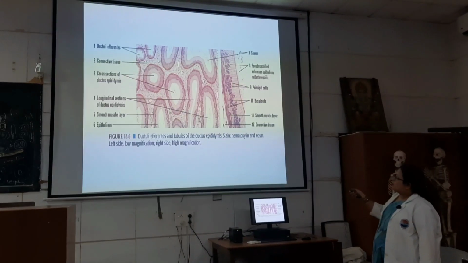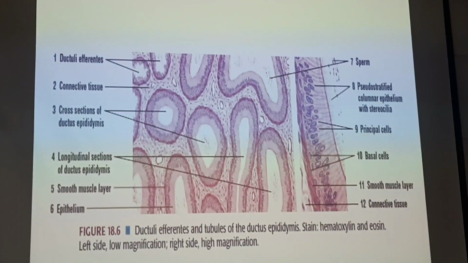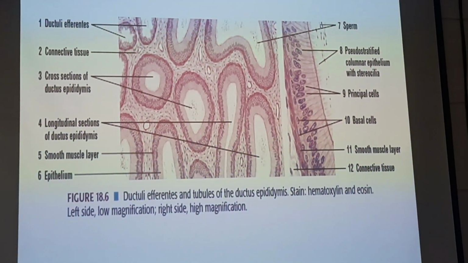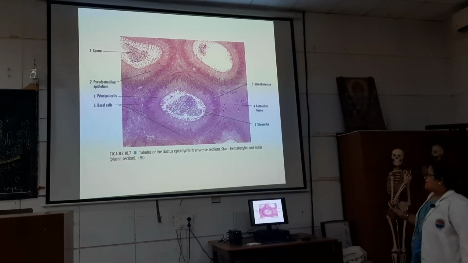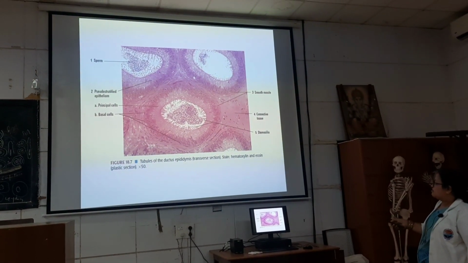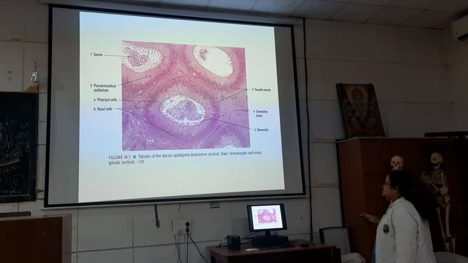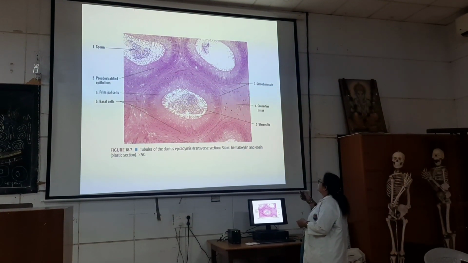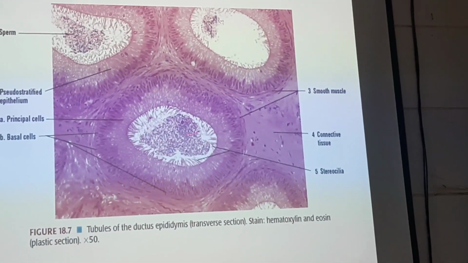These are also lined by pseudostratified columnar epithelium. This is a more magnified picture. Here you can see the pseudostratified ciliated columnar epithelium with stereocilia, and the lumen is filled with sperms. These elongated cells are the principal cells, and there are the basal cells. Here is the connective tissue layer, and each section of the epididymis is surrounded by smooth muscles.